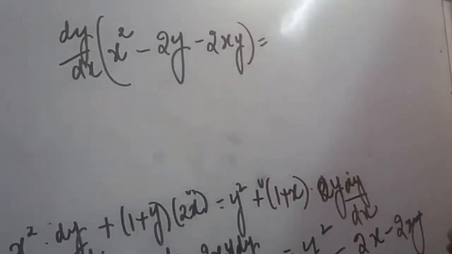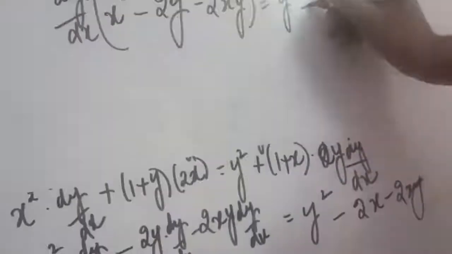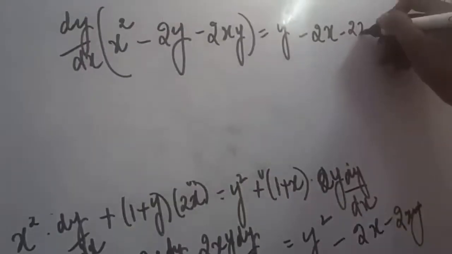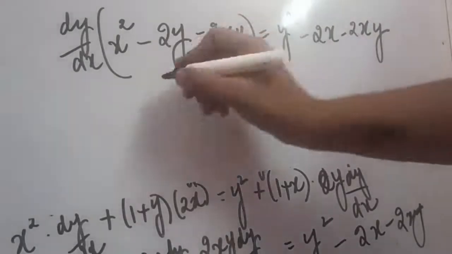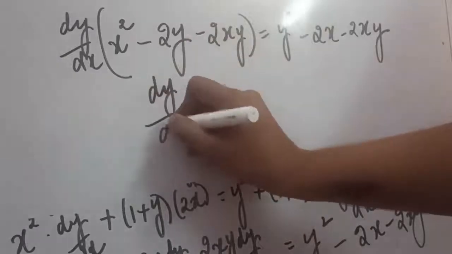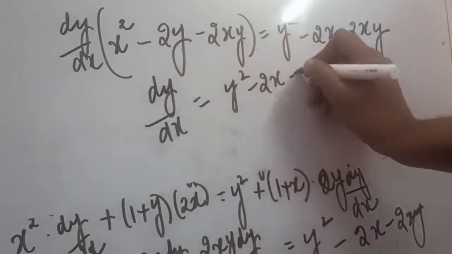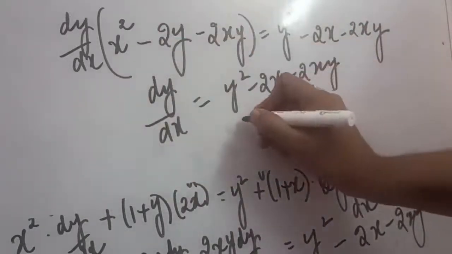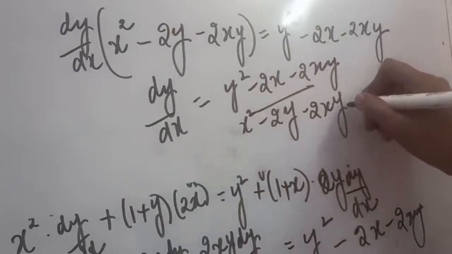And on the right hand side I am writing as it is, y square minus 2x minus 2xy. So this is the equation that we will get. From here we can give the final answer. dy upon dx is equal to y square minus 2x minus 2xy, divided by x square minus 2y minus 2xy.